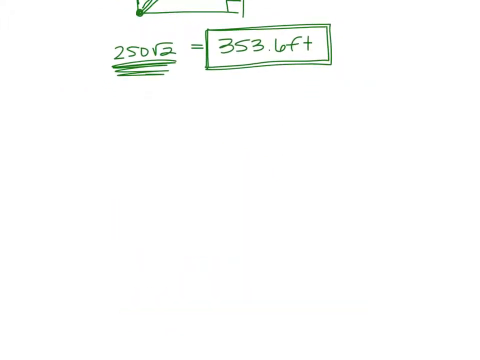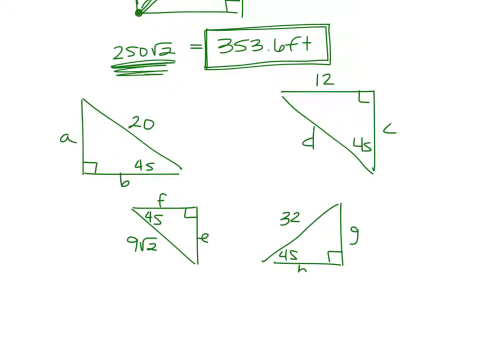Okay, here's our warp speed review just to make sure you're good. I'm going to draw a bunch of triangles. If I am given a hypotenuse in a 45, 45, 90 of 20, what would A and what would B have to be?